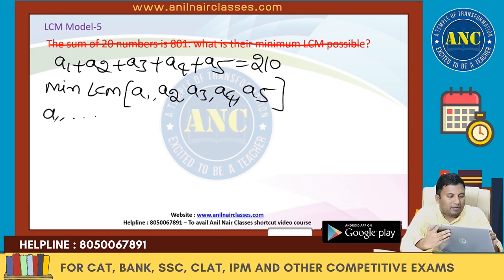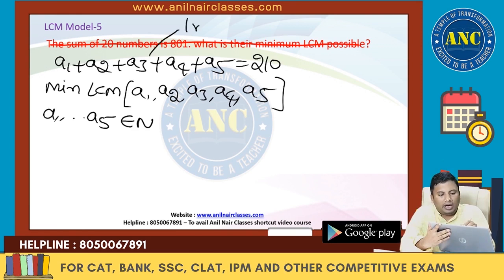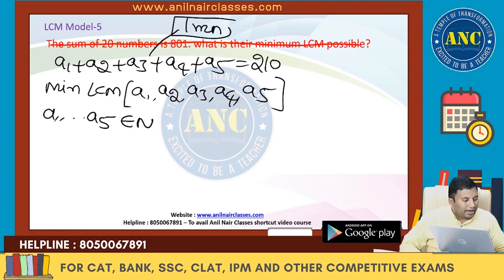A1 to A5 are natural numbers. One minute time. Please say your answer. I would like to see who will think logically and tell this answer. Answer for this question. Please tell this answer.